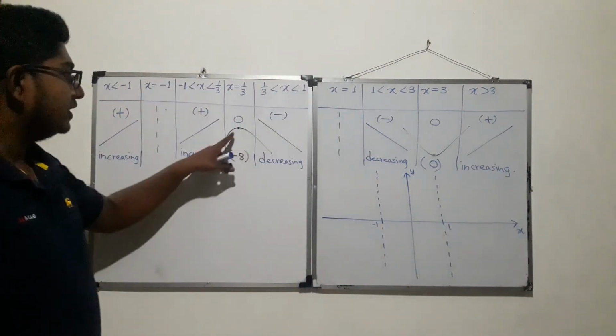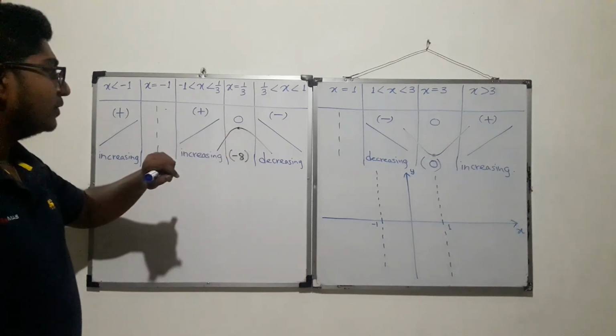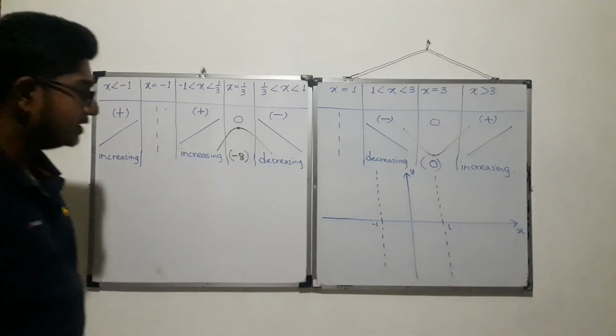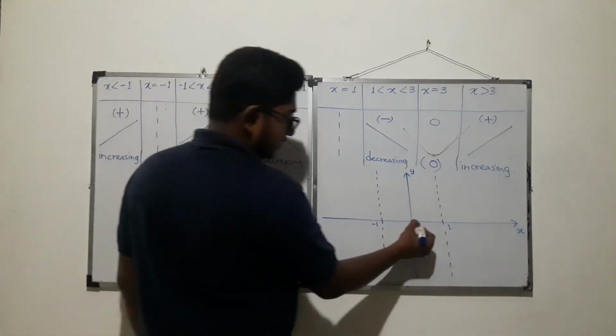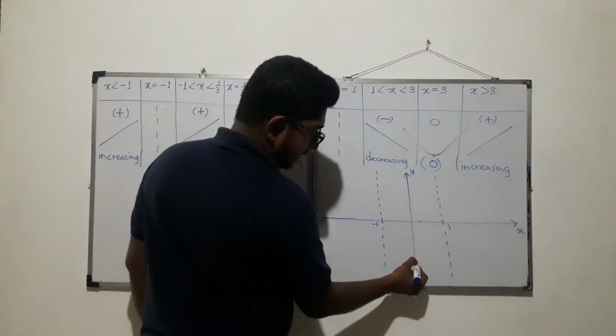Secondly, you have to indicate the two turning points. We have a maximum point when x equals 1/3 and y is minus 8. 1/3, somewhere here. Y value is minus 8.